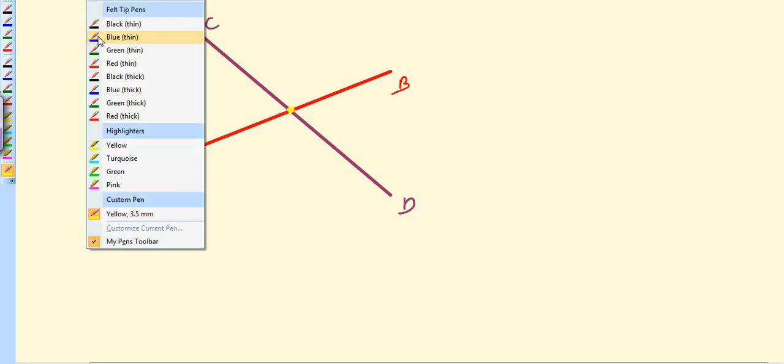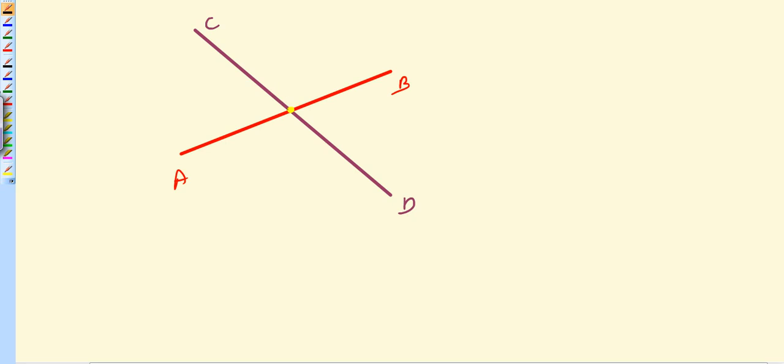So this point is the intersection point, and you can write this as O. Now lines AB and CD both are crossing each other, intersecting each other at point O.